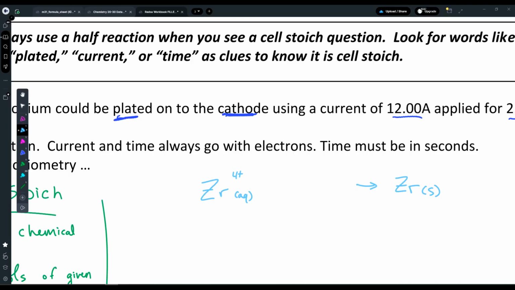The overall charge on the reactant side is 4+, whereas on the product side it is 0. I'm always going to go to the more positive side and add my electrons there, looking to make both sides have the same overall charge. So I'm going to add 4 electrons. Since electrons have a negative charge, we're going to minus 4. Now the reactant's overall charge is 0, which matches up with the product side. So that's balanced.